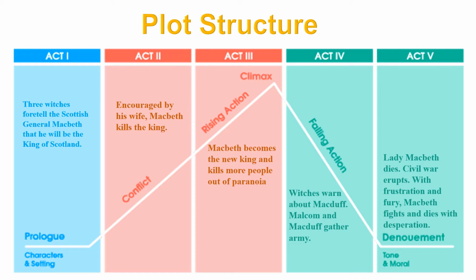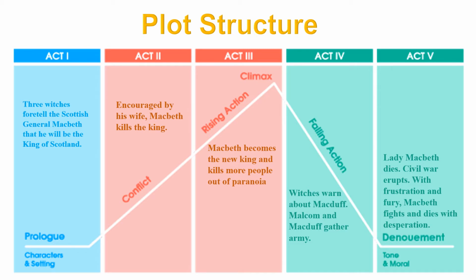So in the following action, we could see the witches warning Macbeth of Macduff, who is a man not born of woman, and they foretell once again about his death.